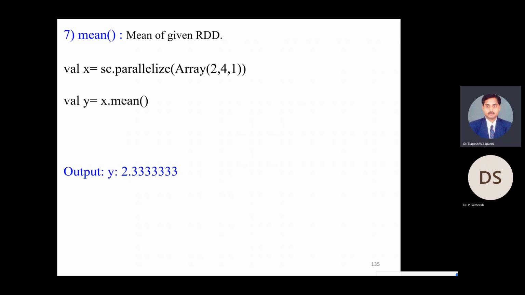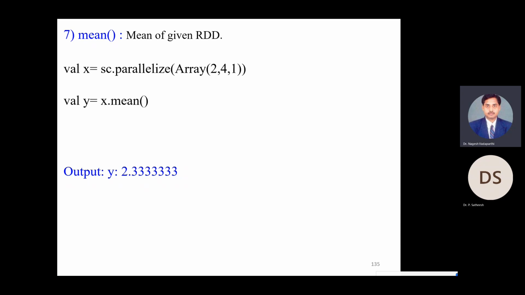Next, mean. Mean of the given RDD. So my value x is equal to sc.parallelize(Array(2, 4, 1)). So value y is equal to x.mean.